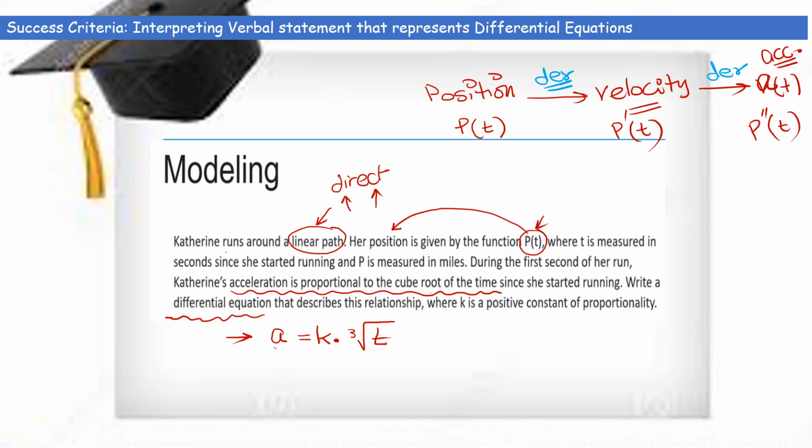So how can we write the rate of change of P? It can be dP over dt. And again, for acceleration, we are taking the second order derivative, so we write d square P over dt square. So now in place of A, you write d square P over dt square equals k times the cube root of t. This is how we model such a situation.